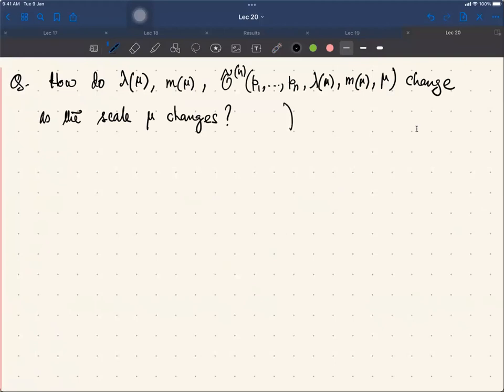Now, finding this change is equivalent to knowing how the proper vertices change with respect to the scale mu. So that is equivalent to doing that.